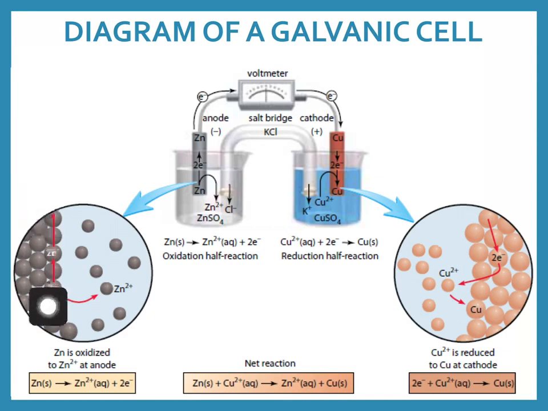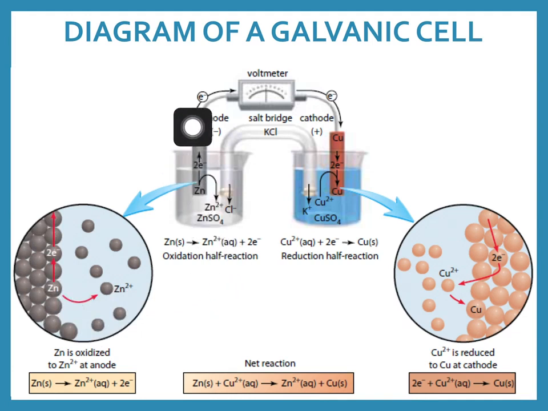A zinc atom that is making up that electrode is going to split into 2 electrons, and then it's going to become an ion. So it's going to move away from this electrode and move into solution as an ion. So it's no longer solid zinc, it is a zinc ion.